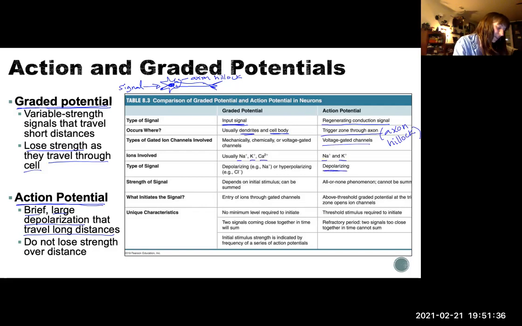We are using depolarization again, and the strength is basically all or none. So you either have an action potential or you don't. There are no weaker and stronger action potentials. They're all the same strength, though they can come at a greater or lesser frequency. Okay. A threshold stimulus is required to initiate an action potential.